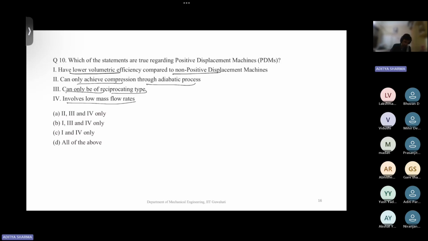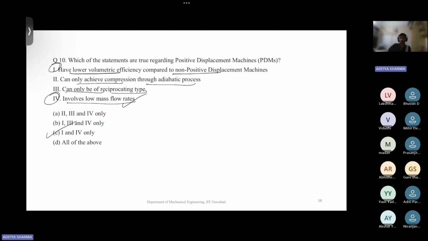So out of these 4, their volumetric efficiency is low in comparison to non-positive displacement machines, and involves low mass flow rates. Okay.